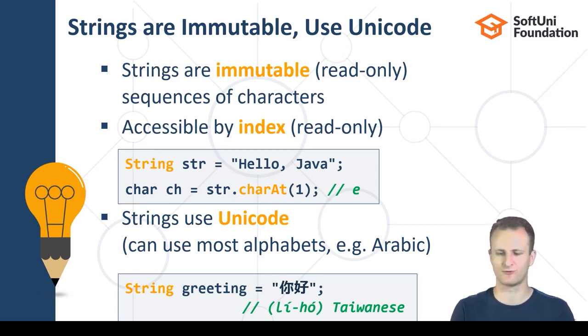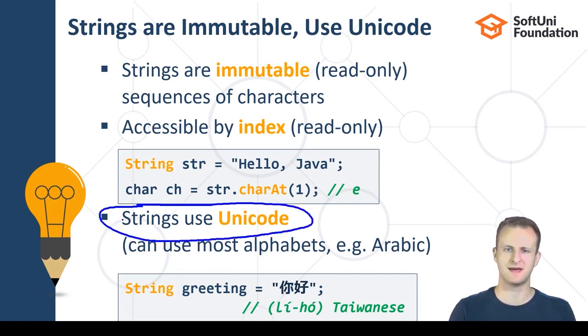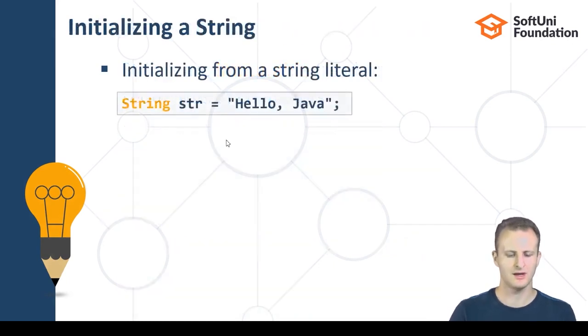So if I'm searching for the word Banitsa in some text in Cyrillic, it will successfully find it. Whereas languages which don't have full Unicode support will not be able to find it or will not be able to capitalize the letters and so on. So full Unicode support means that you can do any operation on characters in any language. Any operation you can do on English characters, you can do in any other language. That's what full Unicode support means.